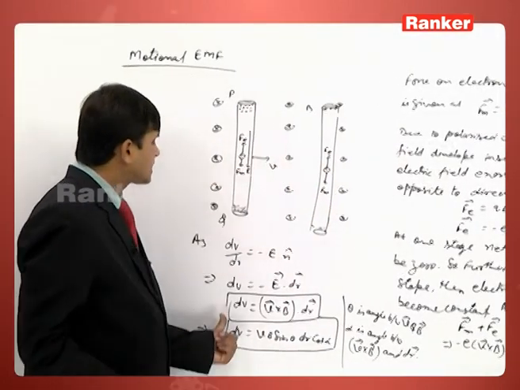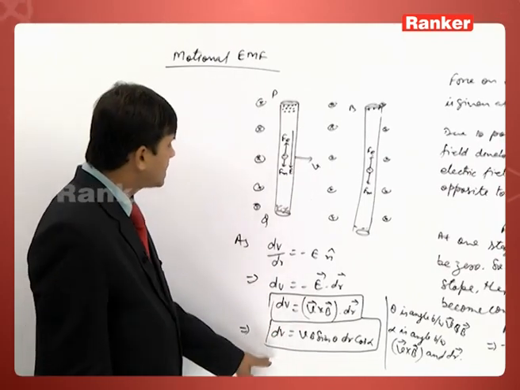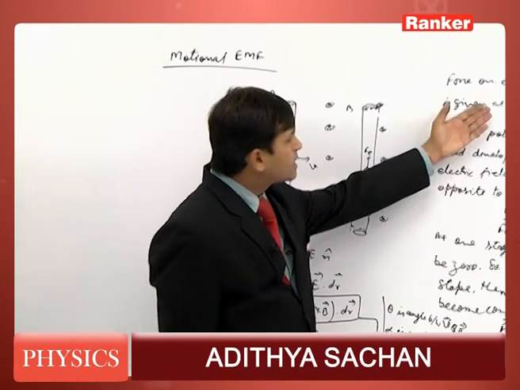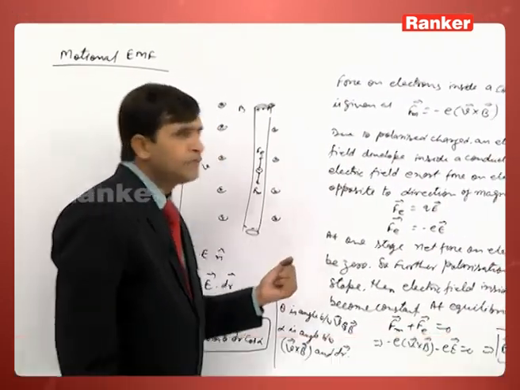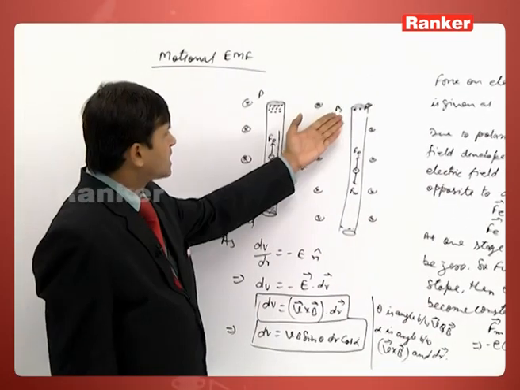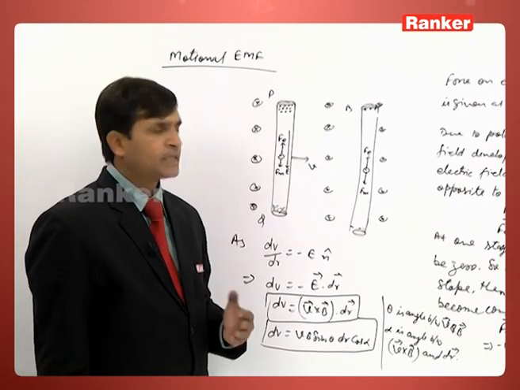So this is the general expression for calculating potential or EMF, and this is the cause of EMF: why the EMF generates, why the potential difference generates. That is because of the polarization of charge.